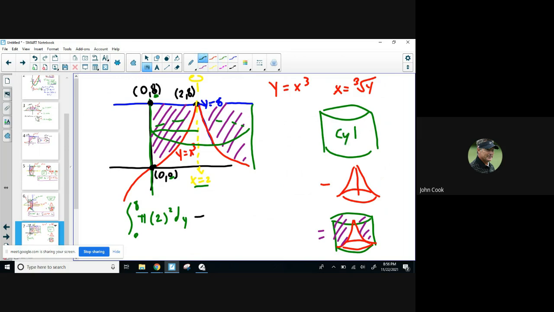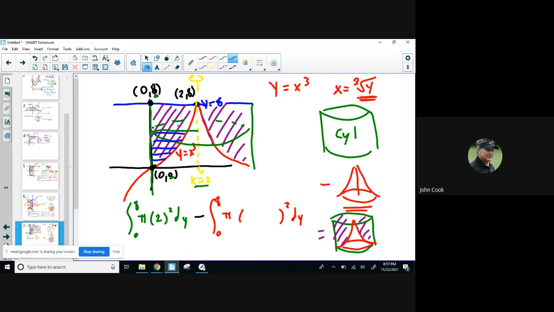Next, we're going to subtract away the volume of this shape here. It still goes from 0 to 8. It's still going to be pi times something squared, and then dy. This one's a little bit weird, though, the way we need to write it up. If I were to use this function, the cube root of y, that finds this length each and every time.